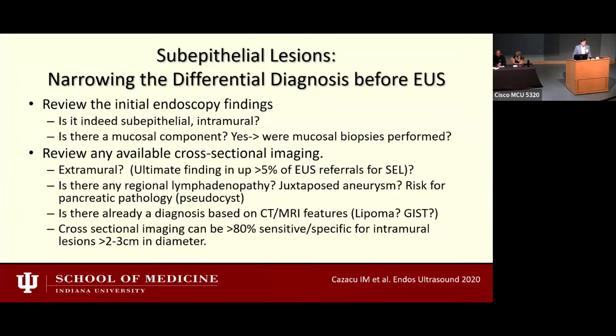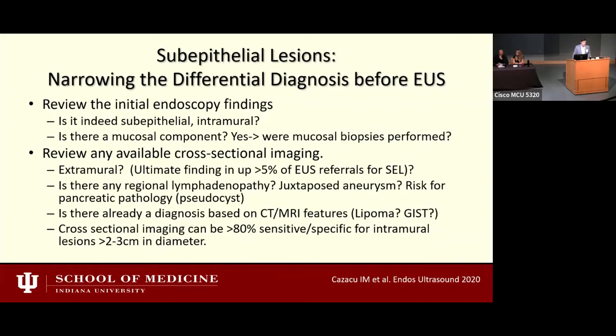So when you're looking at CT scans or MRI scans, anything that was done in this patient, you want to ascertain, is there regional lymphadenopathy? Is there a juxtaposed vascular abnormality like an aneurysm or varices? Maybe you don't have imaging, but this patient has significant risk factors or a history of pancreatitis. This could be a pseudocyst.